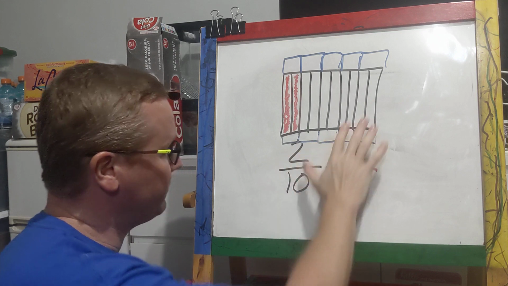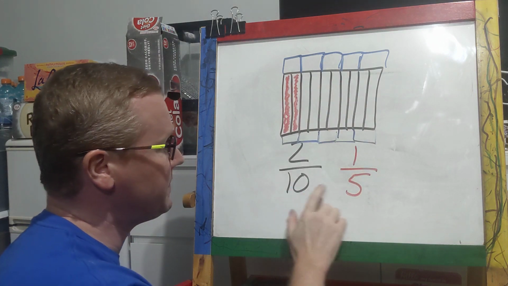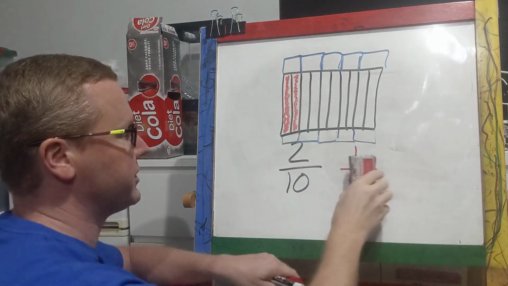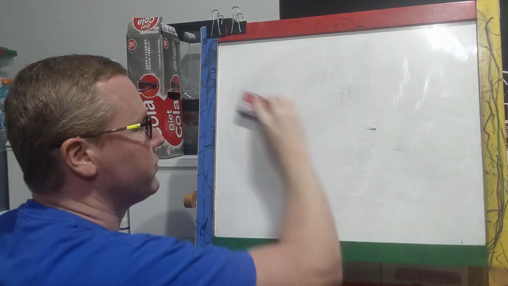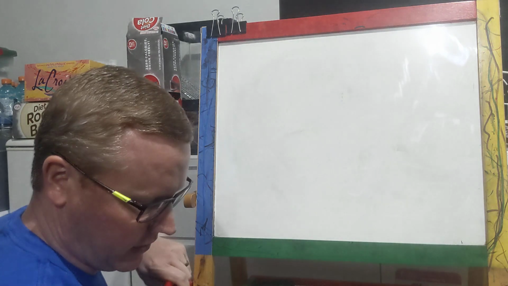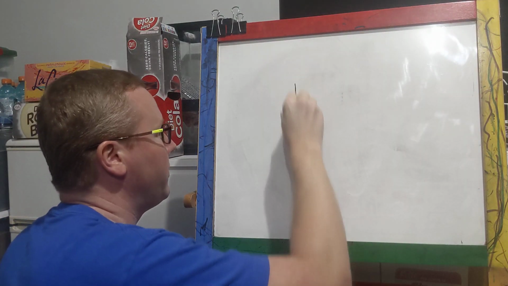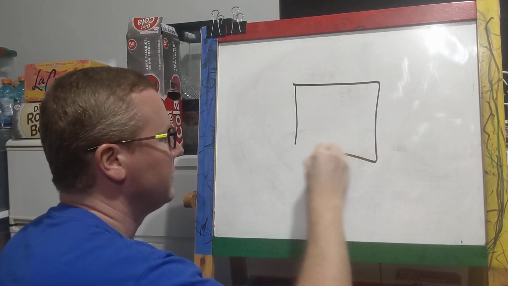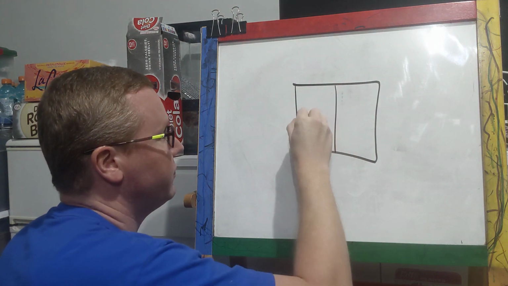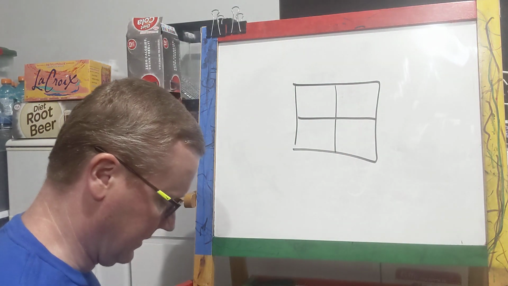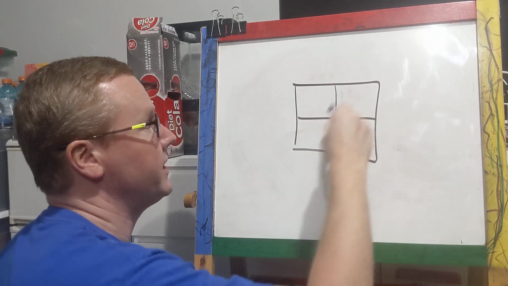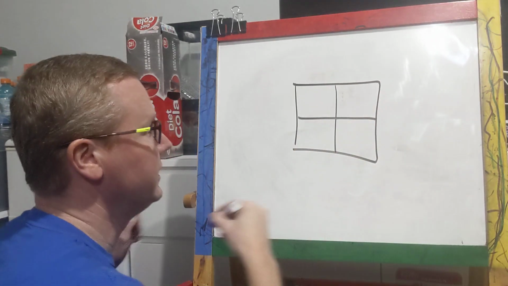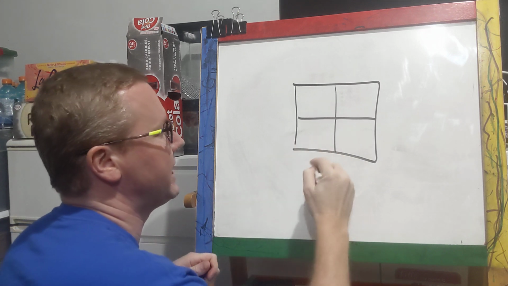So when we're doing these things, you might be able to find smaller fractions. Let me show you another one. I'm going to draw this one really quick before we get ready to go. Let's say we have our whole, and I've cut it into 4 pieces. There's 100 in here, and think like a quarter. So there's 25 in each piece.